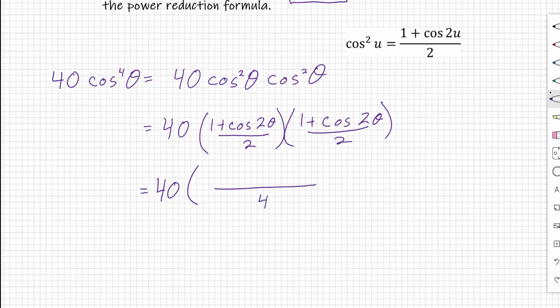And when we multiply 1 plus cosine 2 theta times 1 plus cosine 2 theta, we get 1 plus 2 cosine 2 theta plus cosine squared 2 theta.